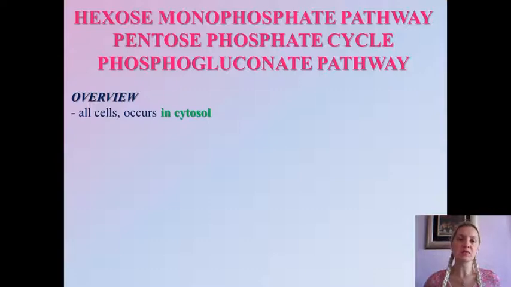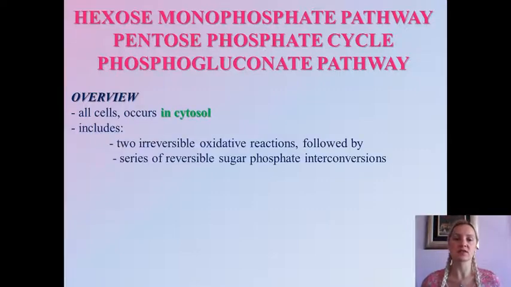So let's provide an overview of this pathway, and let's go briefly through some facts that we're gonna focus on in detail in the upcoming minutes. So this hexose monophosphate pathway actually occurs in all cells, and within the cell it occurs entirely in the cytosol.